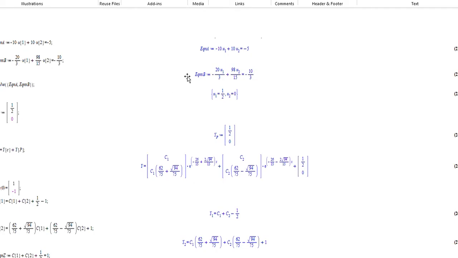So to find the u1, we transfer all the values given. This part is the upper one, and this part is the lower one of the matrix form. Then we solve, and we get this particular value.